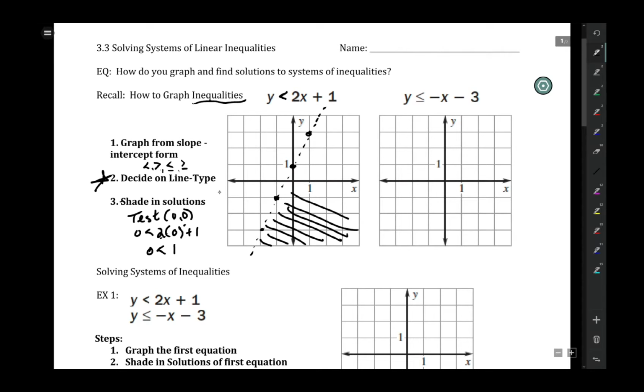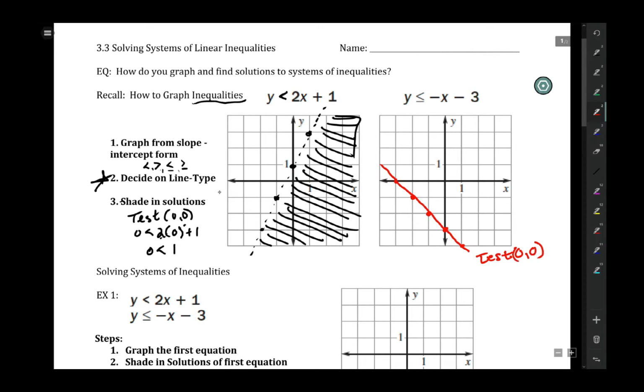Okay, so a lot of times students forget about the shading. So this is just a brief little review, and you'll see why I'm doing this in a second. For the next one, graphing negative x minus 3, down 3, a negative 1 slope, solid line through all those, and we will test out 0, 0.